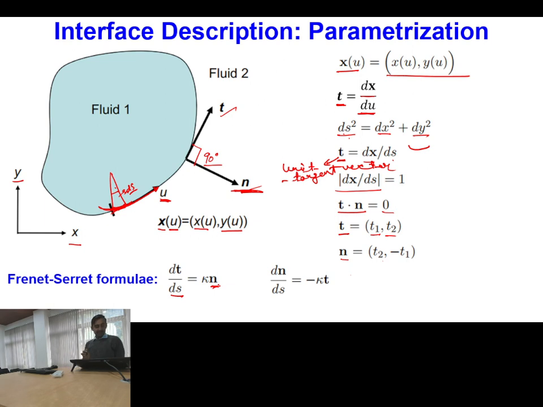So you have to understand this point, that the derivative of the unit tangent vector with respect to the surface is nothing but proportional to the normal vector, and this proportionality can be converted into equality with the help of kappa, where kappa is nothing but mean principal curvature.